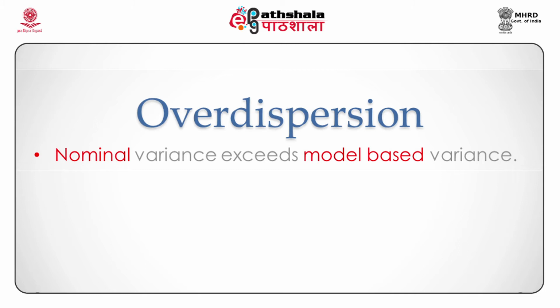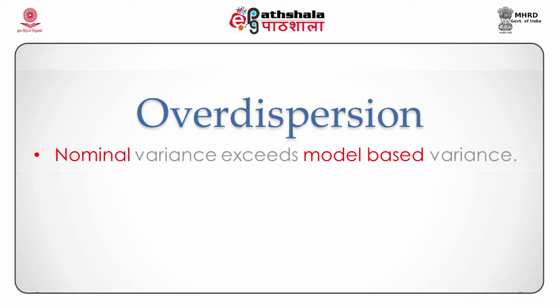So say for example we have count data. By nominal variance we mean the empirical variance obtained by taking 1 over n minus 1 summation (y_i minus y bar) squared. So say we have one categorical predictor, then in this case we could look at this variance within each category, and this would give us the nominal variances.